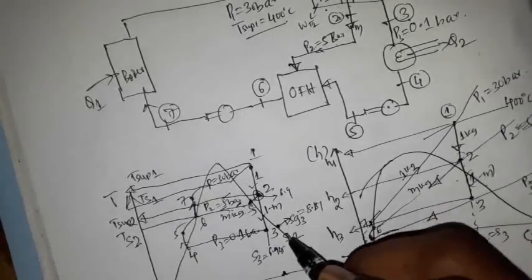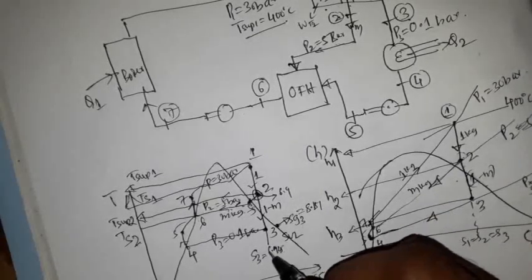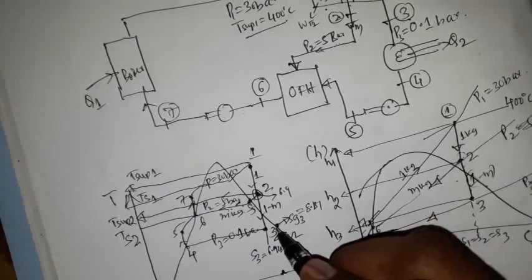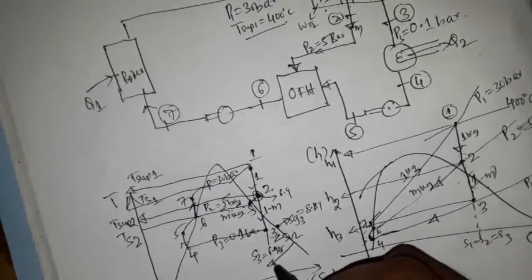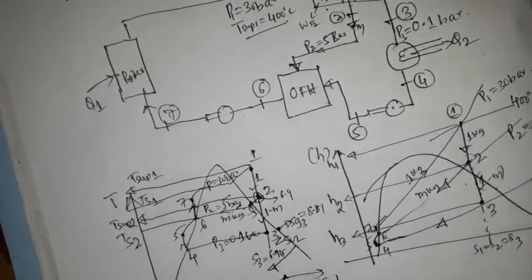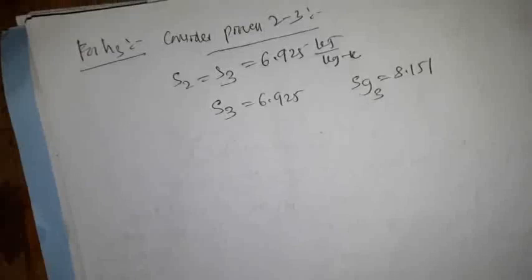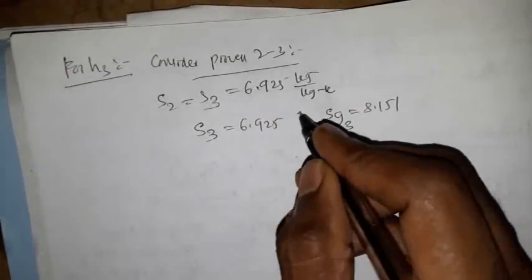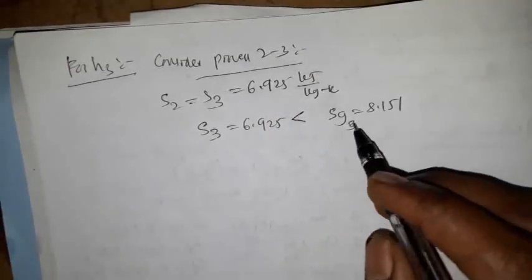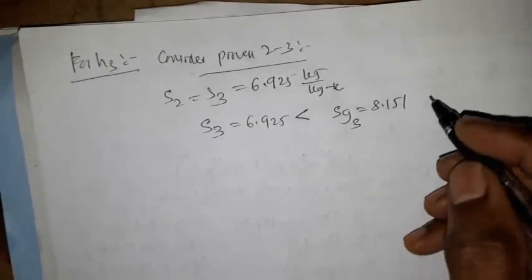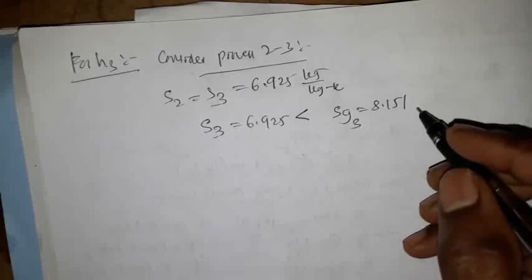Therefore the entropy at state 3 is less than SG3, which means it is moving towards the wet region on the vapor dome. Hence we can write the same expression: the specific entropy at state 3 is less than the specific entropy of the saturated vapor, that is 8.151 kilojoule per kg Kelvin.